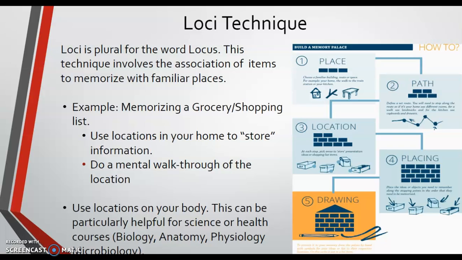Then you want to create a path, and in that path, you can do a mental walkthrough of each location in your house. From there, you want to assign certain items to an area or spot in that location in your house, and then place those objects to remember where they're at.